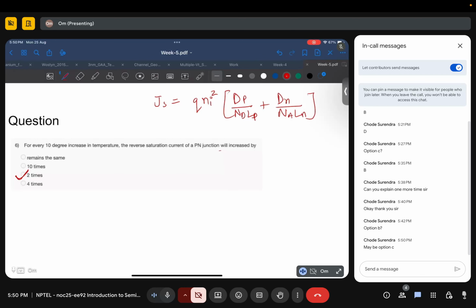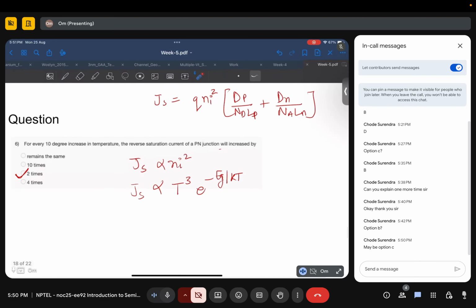This is your reverse saturation current. So reverse saturation current is proportional to Ni square, and Ni square is proportional to T cube e to the power minus Eg by kT. Right? So these two temperature dependencies are there, as well as Eg also changes with temperature.